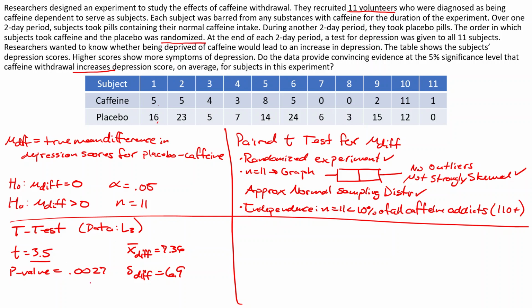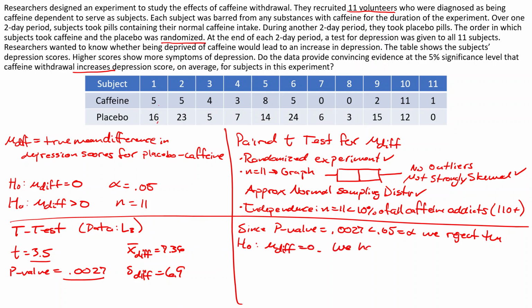The t is 3.5. That's pretty far away from 0, and our p-value is very, very small. So we say since our p-value equals 0.0027 is less than 0.05, which is our alpha, so p is low, we reject the H0 that the mean difference equals 0.